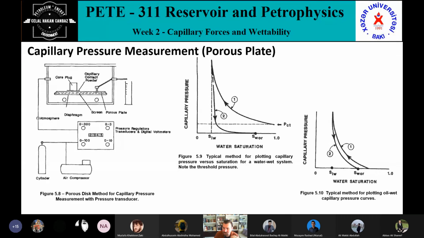This porous disc has finer pores than the rock sample has. What do finer pores mean? When we were discussing porosity last week, we described this. In nature, we said it is more heterogeneous, but we can make it homogeneous.